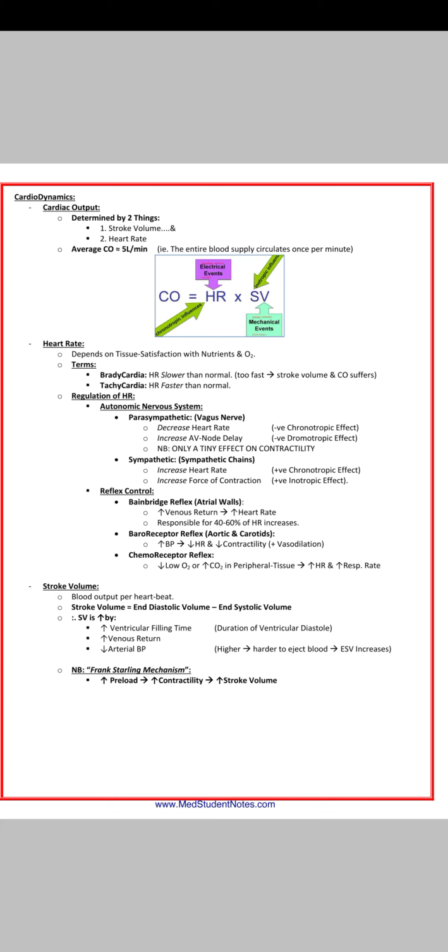When the atrial pressure decreases, ventricular contraction decreases, and because the ventricular contraction decreases, the preload decreases. So when the preload decreases, the stroke volume also decreases. That is the parasympathetic effect.